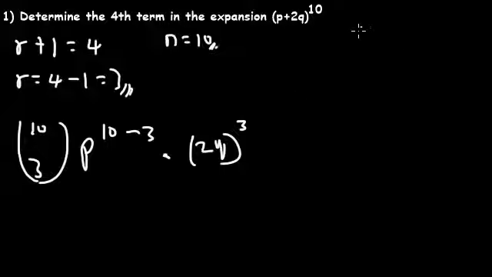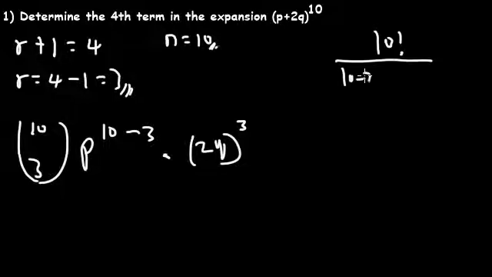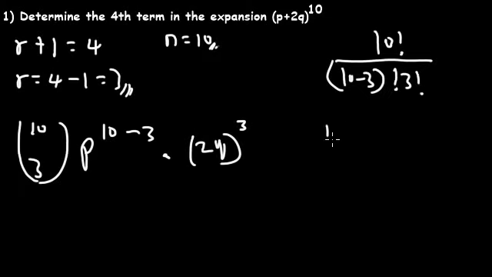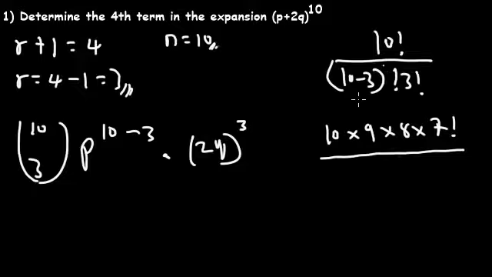Now we can simplify this. What exactly is 10 combination 3? 10 combination 3 is 10 factorial divided by 10 minus 3 factorial multiplied by 3 factorial. 10 factorial can be simplified to 10 times 9 times 8 times 7 factorial. 10 minus 3 factorial becomes 7 factorial, and 3 factorial becomes 3 times 2.